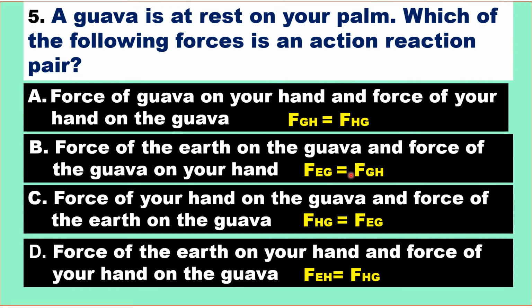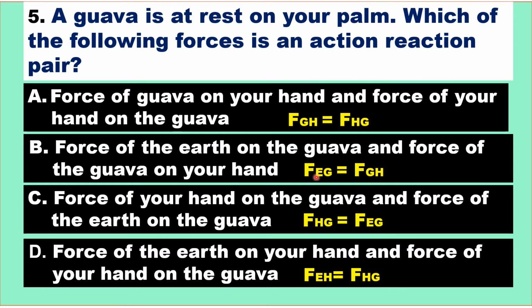FEG is no longer the reversed subscript of FGH. In other words, the two forces mentioned in letter B don't involve just two bodies interacting, but there is already a third body involved, and that is the hand.